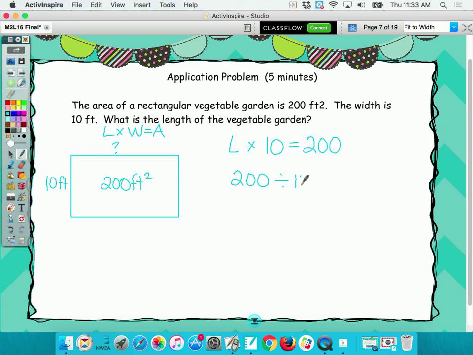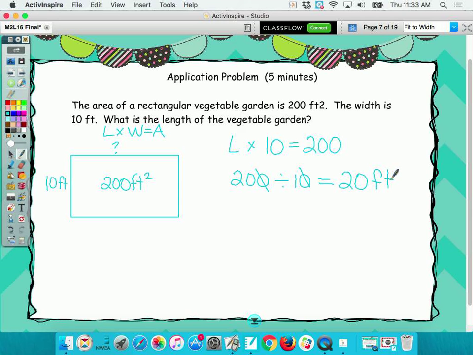You're right. And that looks a little bit familiar, kind of like our sprint we just did. So how many zeros can I cross off? 1. So my answer would be 20 what? 20 feet.